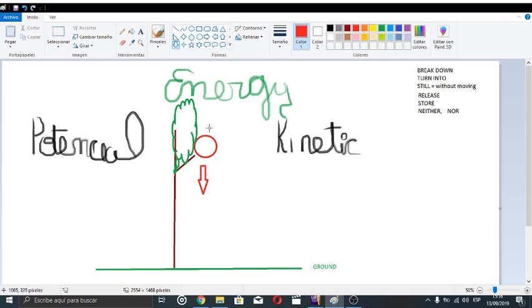So once the object is at rest, it has potential energy. Once the object starts moving, it means that it has kinetic energy. Perfect.